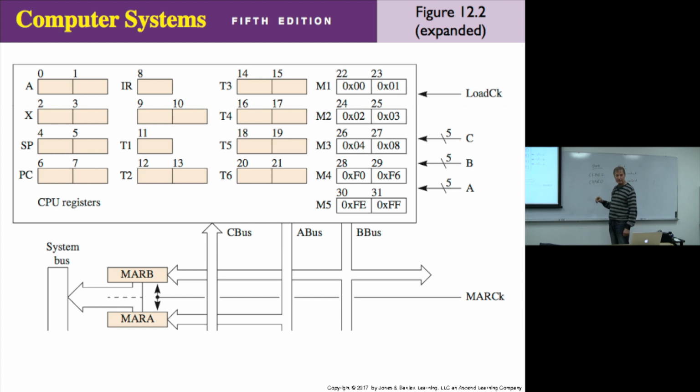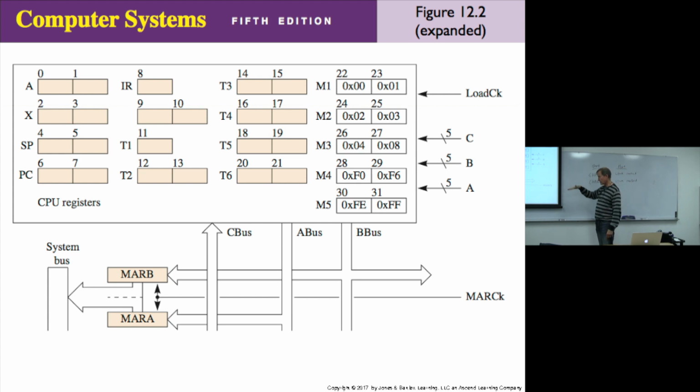You counted how many? 24. Well, there's 5, 10, 15 for A, B, C, 16, plus 8 for the C. You're right, 24. Everybody clear on that? And how many outputs? 16. 8 for the A bus and 8 for the B bus. Okay?